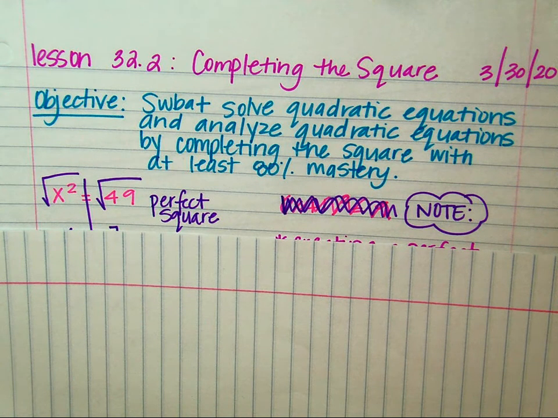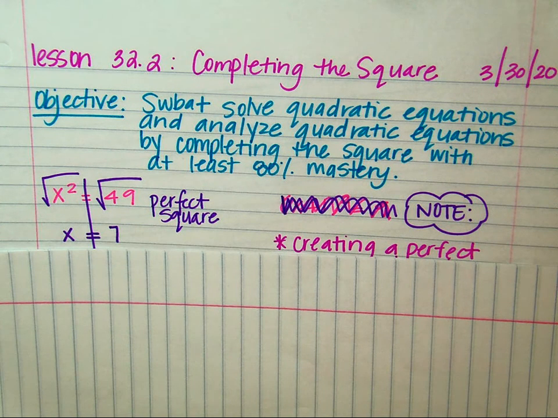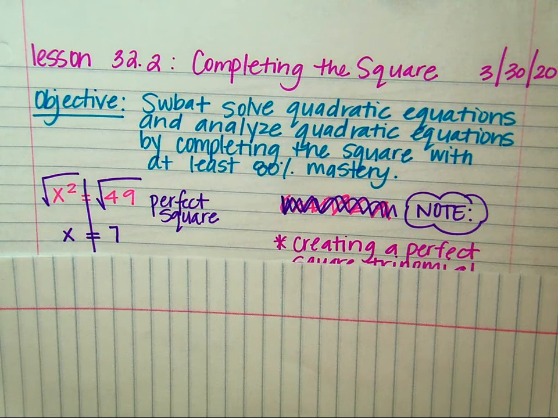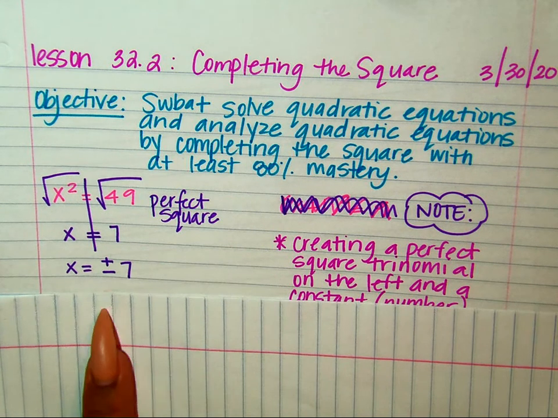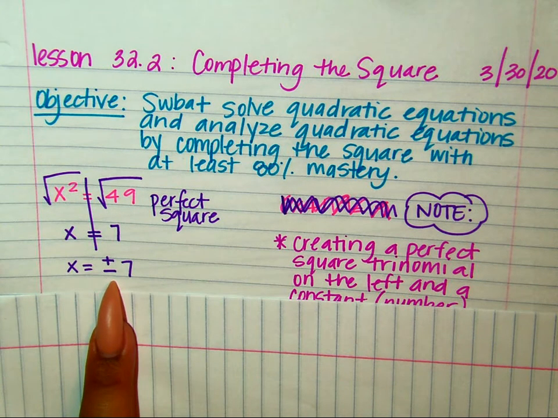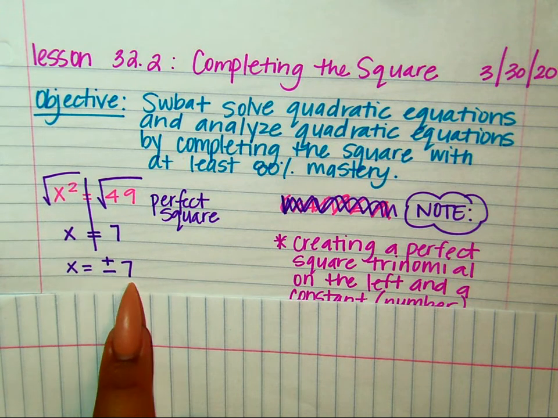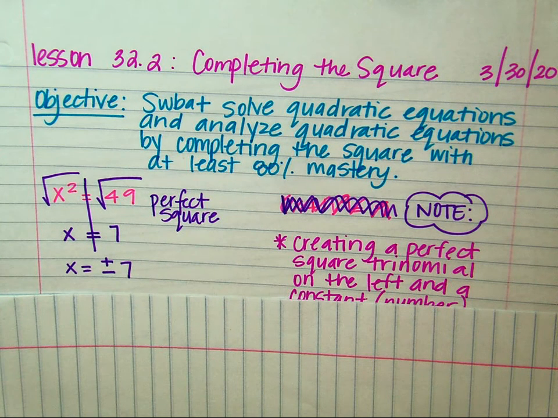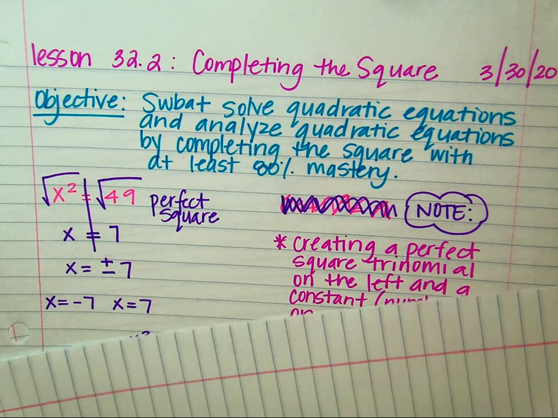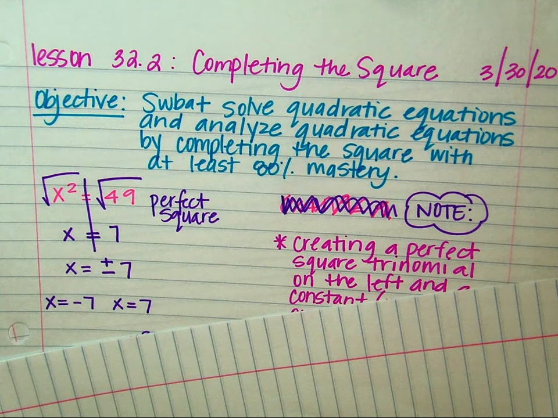So x squared, the square root of x squared would be x, and the square root of 49 would be 7. Now, what we learned last week is that this plus or minus symbol would be befitting for this, and so we need to use this. So in this case, x equals plus or minus 7, or positive or negative 7, and you also could have written it as x equals negative 7 and x equals 7.